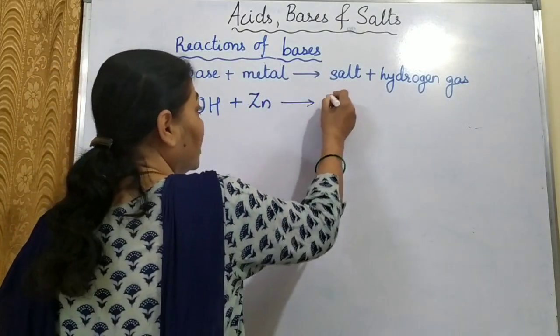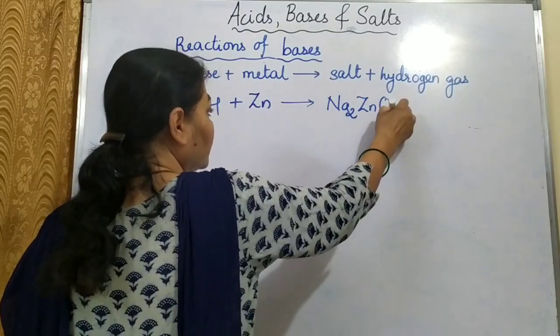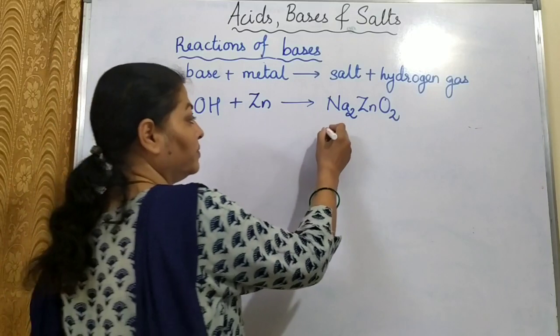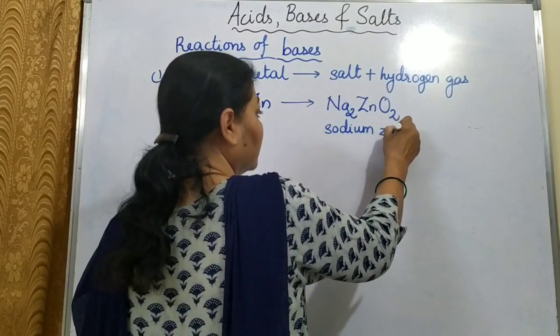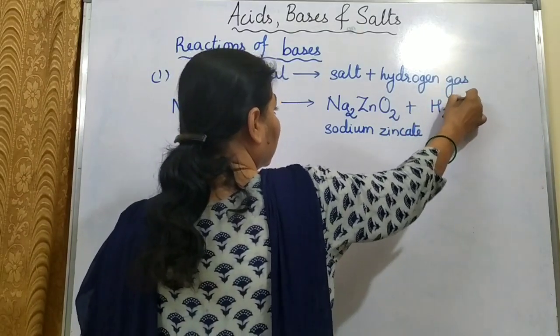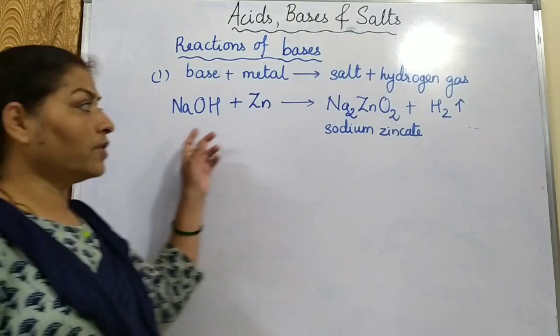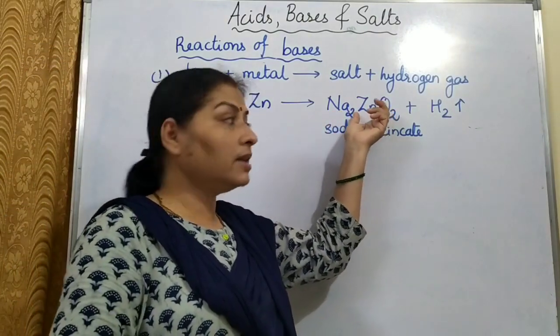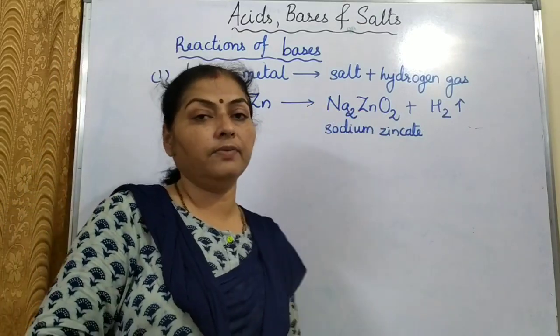On reaction, the salt which is formed is sodium zincate, Na2ZnO2. Sodium zincate and the gas which is formed is hydrogen gas. So here the salt is formed due to the formation of zincate ion, and the cation is sodium, the anion is zincate ion.